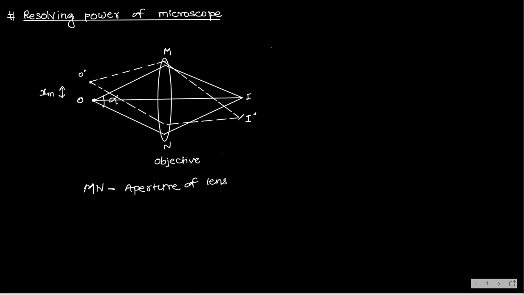Now, the path difference between extreme rays from O dash on reaching I is 2xm sin alpha.